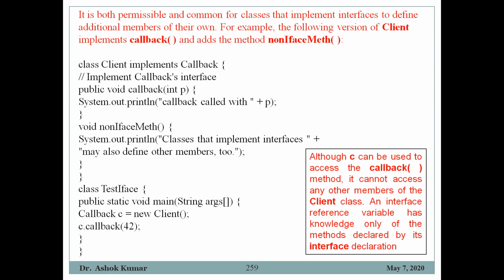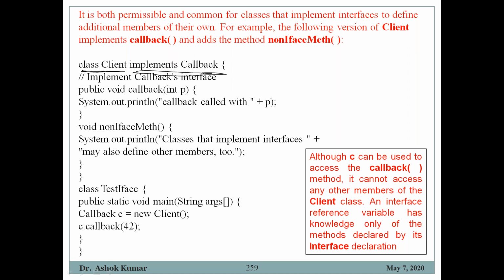Here is another example. In this example, the class is adding its own functionality also. So we have the same interface callback, and I haven't shown that callback interface over here. We have created the client class, and it is implementing the callback interface that we discussed on the previous slide.